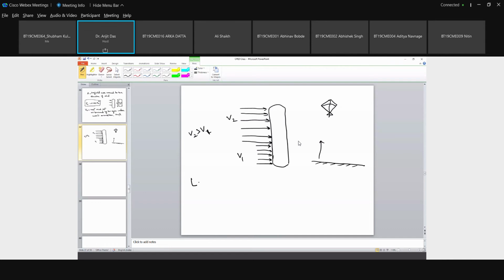First, the load due to wind acting on the bottom portion of the vessel.